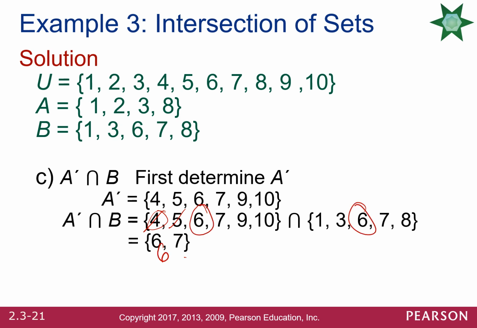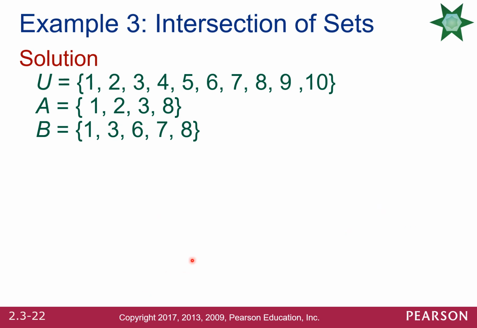So 6, and then 7 is common. 7, right? 9 is not common. 10 is not common on this side. 3, 1 is not common. 3 is not common. 8 is not common. So the only elements that are common are 6 and 7, which would be our answer for this one.